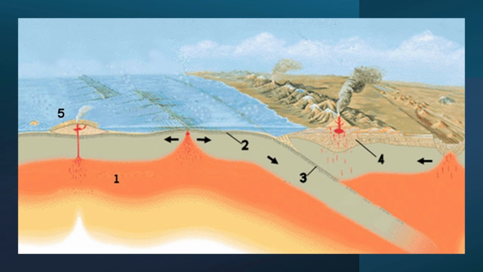Number 3 represents the depth at which the oceanic crust starts to melt due to the heat rising from beneath it. The Earth has a lot of radioactive materials, and that's what keeps the magma in the mantle molten. So as the oceanic crust goes down into the mantle, it will melt.